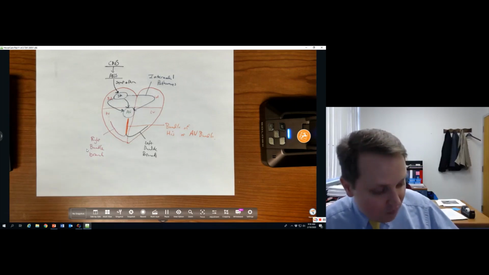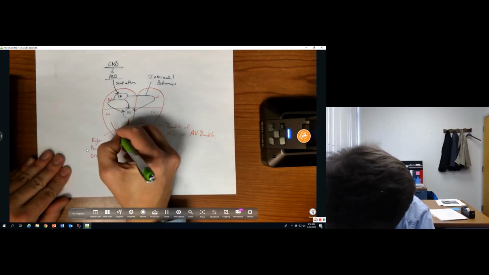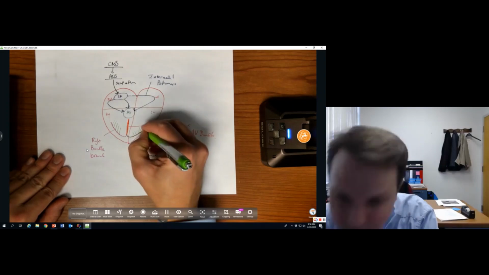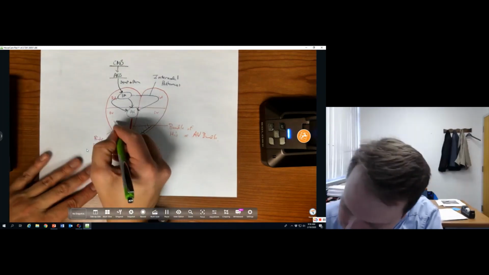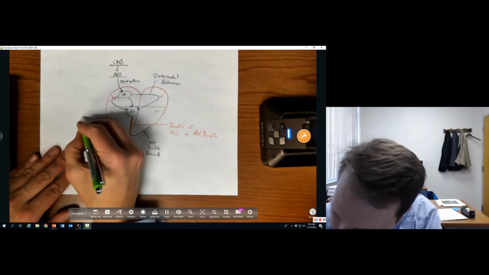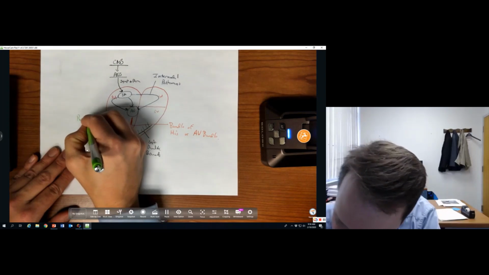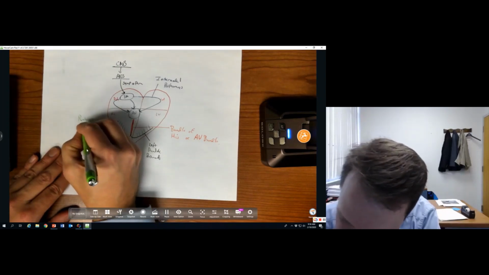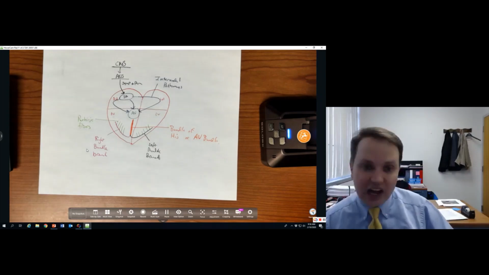And then off those bundle branches, I'm going to use this bright lime green color coming off of both of these. And these radiate out into the ventricles. These will represent our Purkinje Fibers. Okay, that's our Purkinje Fibers.